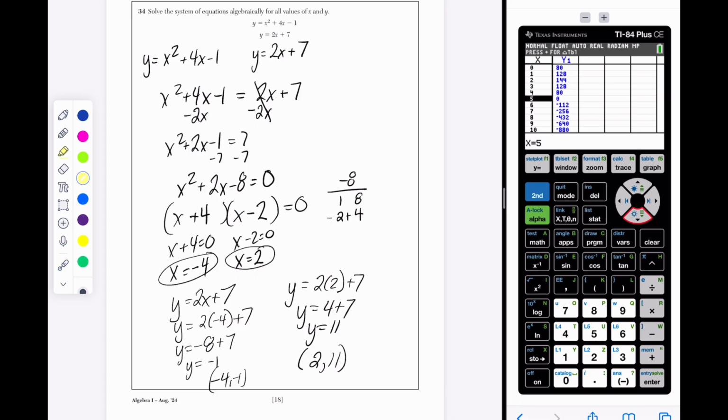All right, now just to be sure, because I know this is definitely a solution for the first one, I should go and check with the second one. So let's do our second check, and this one I'll do manually. So y is equal to x squared plus 4x minus 1. We're going to substitute the -4.